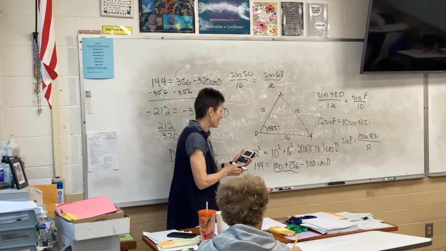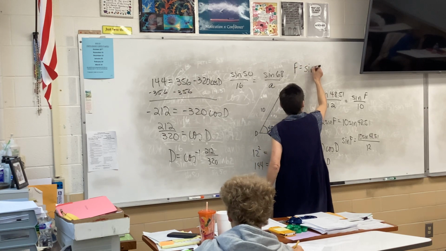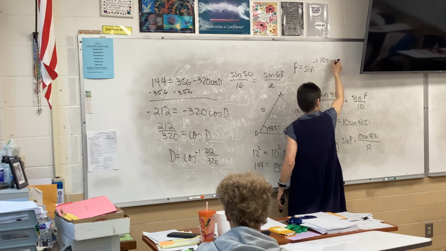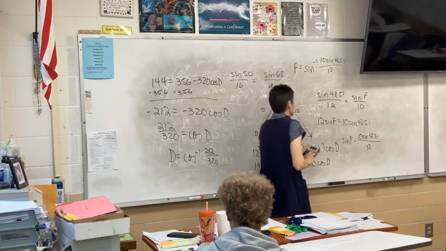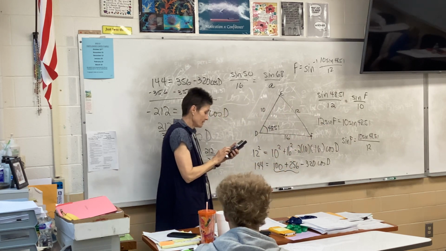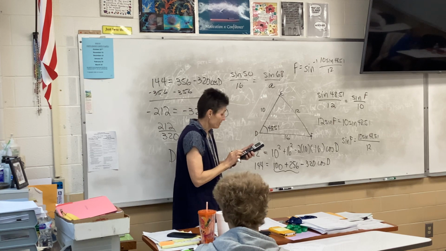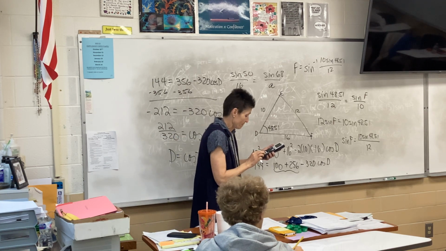How am I going to type that into my calculator? Second sine, 10 sine 48.51 close parentheses divided by 12.